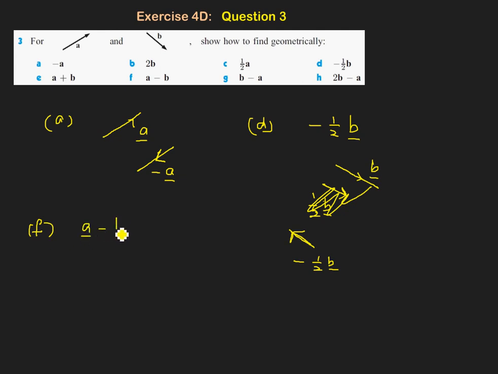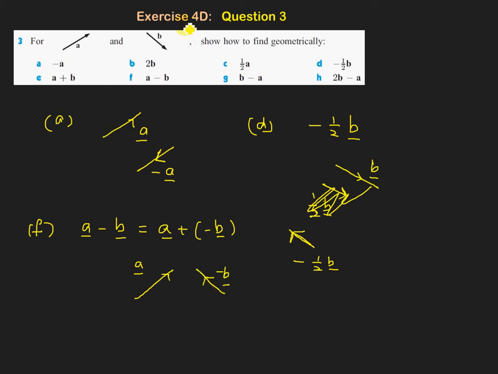Let's try one more. Try this one. A minus B. If you do a little bit of a cute trick like this, you find that the difference of two vectors now becomes a sum of two vectors. This is A right here, and the negative B looks something like this because it's pointing in the other direction.